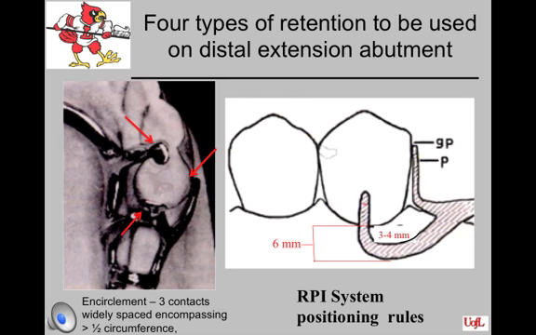As far as placement specifications for the RPI system, the bottom of the approach arm of the I-bar should be a minimum of 6 millimeters from the marginal gingiva. This allows the superior border of the approach arm to avoid the marginal gingiva by a minimum of 3 to 4 millimeters if the width of that arm is 2 to 2.5 millimeters as it exits the flange area.